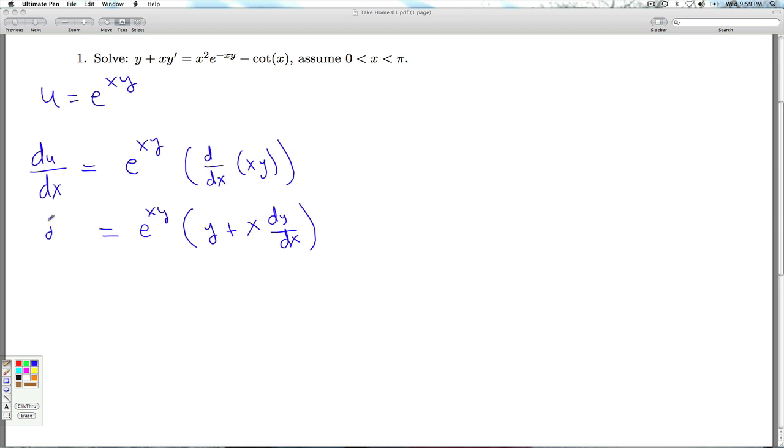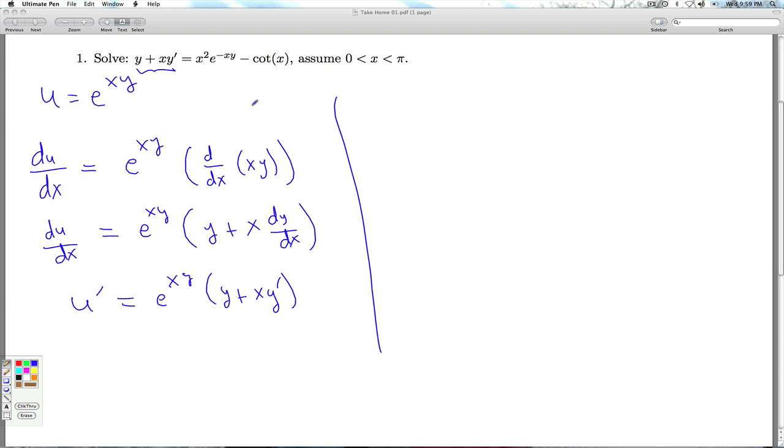If I rewrite this using primes, I have u prime is equal to e to the xy times y plus x y prime. And as I look at my differential equation, I see on the left-hand side the y plus xy prime. And so to get e to the xy there, I can multiply both sides by e to the xy.